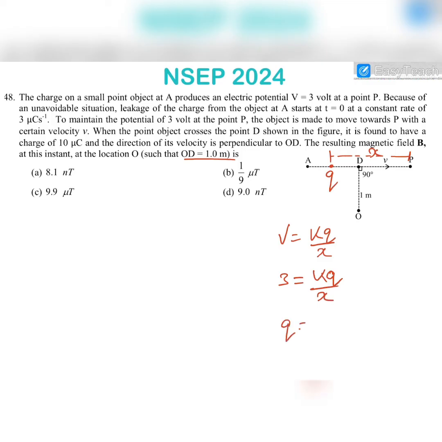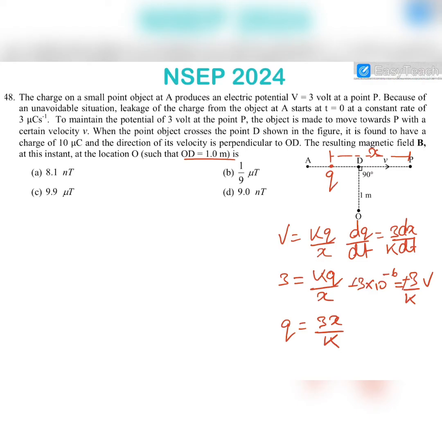So Q is equal to 3X by K. So dQ by dt will be equal to 3 dx by dt upon K. And dQ by dt is minus 3 microcoulomb. So minus 3 into 10 raised to power minus 6. And this is 3 by K. And dx by dt is v, velocity. So velocity v, and there will be a negative sign because obviously x is decreasing.